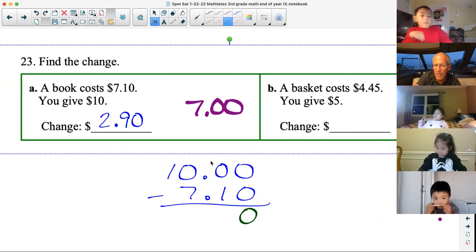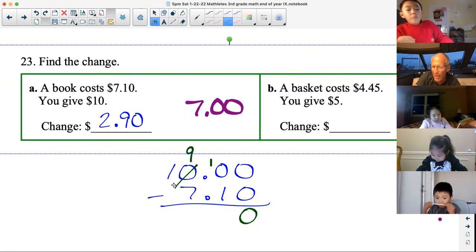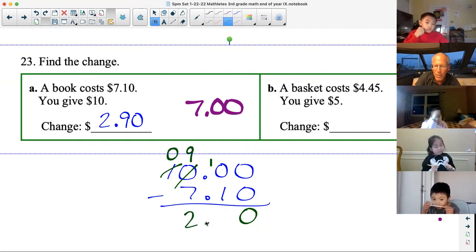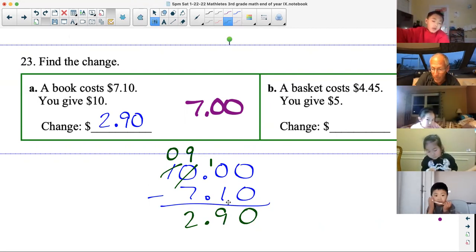So we make this 0 a 10. We take that from the 0, make it a 9. We borrow from the 1 to make it a 0. $2.90. Jason F., do you understand that?